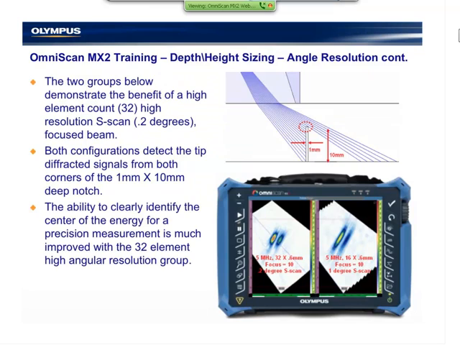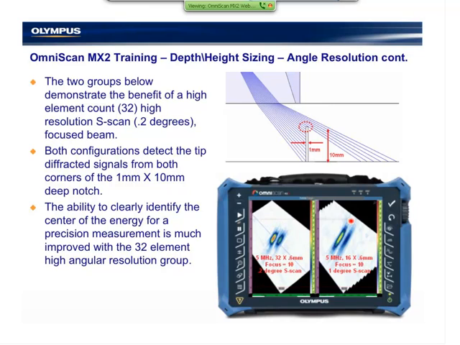Our sizing, and depth and height sizing in particular, is dramatically improved by advanced inspection techniques and more powerful instrumentation. The two images you see side by side here are a 10 millimeter high, 1 millimeter EDM notch. When we use a 5 megahertz probe and 32 elements in our aperture, we focus directly at the top of the tip, and we put many, many A-scans inside the sector scan by using a 0.2 degree S-scan.